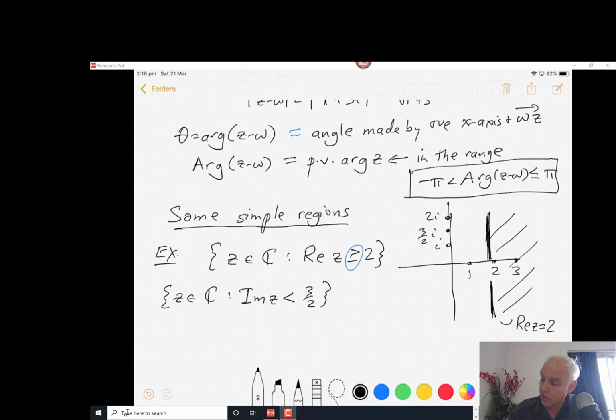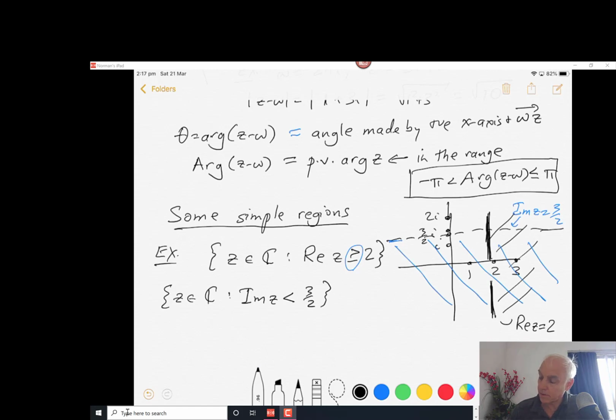So now we should put a dotted line through this point, and then we draw in this direction, this region. Maybe I'll use a different color. Okay, so it's going to be this region here: everything under the line, imaginary part of z equals 3/2, and everything underneath that. Good.